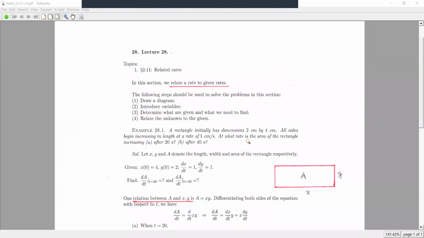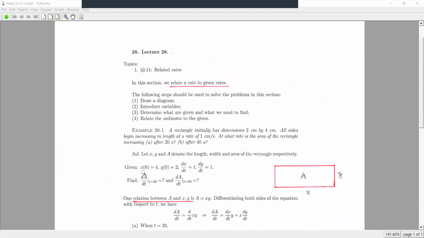At what rate is the area of the rectangle increasing after 20 seconds? To answer the question, we need to compute the derivative of the area with respect to the time t. The derivative is the increasing rate of the area at a general time t.